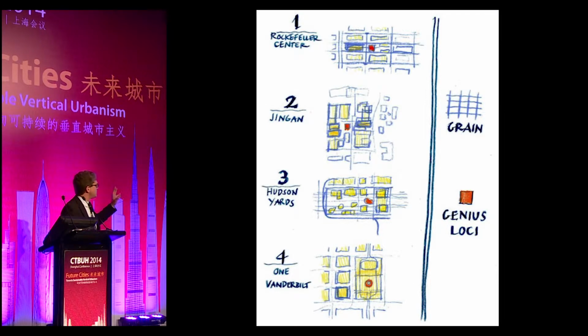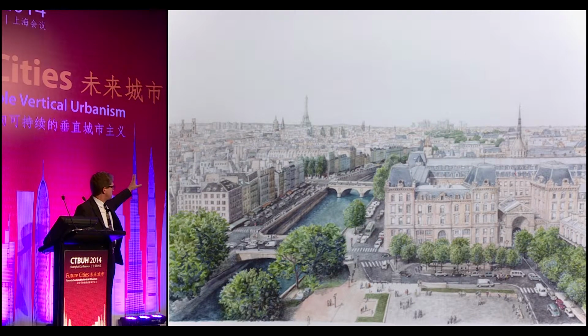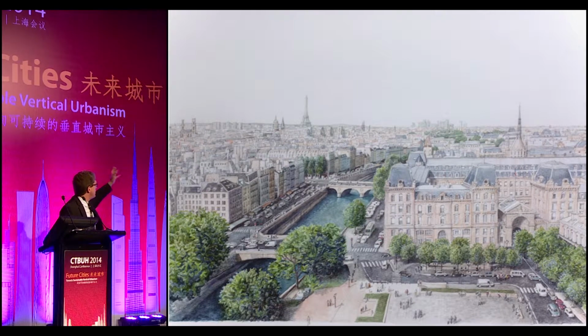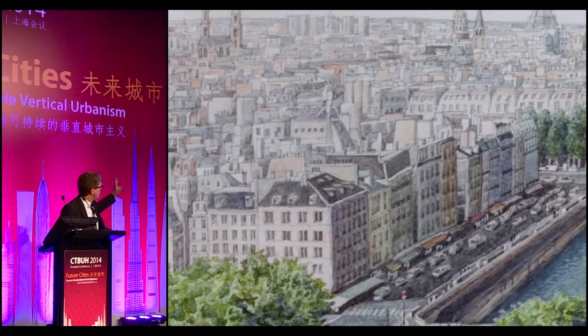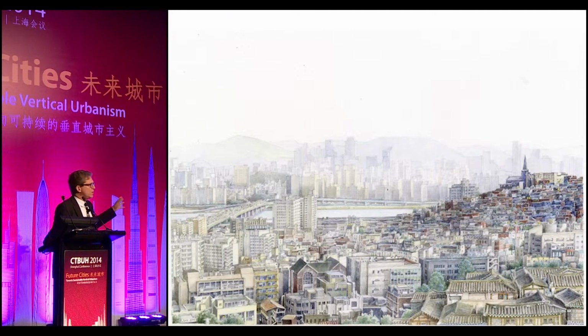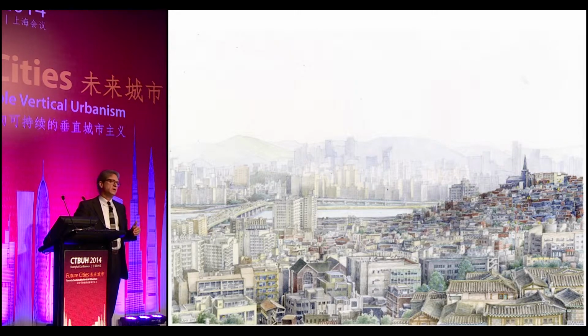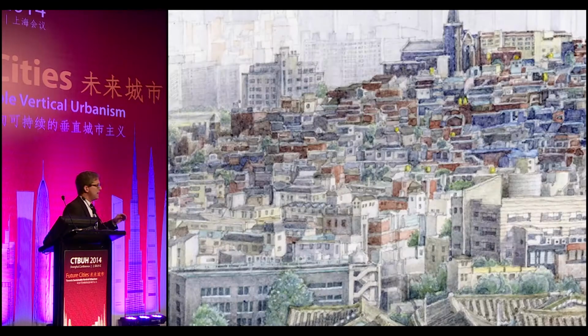First of all, just to talk, not in the abstract, but in a lateral way, about grain. The grain of a city is something in an illustration here, which we can see in one part or another, but if we start to focus, whether it's material, or here in the left bank of Paris, the pattern of streets, or if we look at Seoul as an illustration of a series of generations, decade by decade, displaying themselves on different hillsides and focusing in on one to see how the 1950s or 60s carpeted part of the north part of the river.